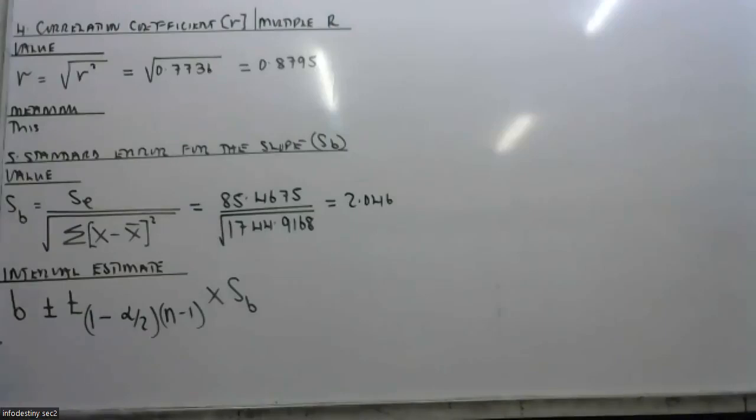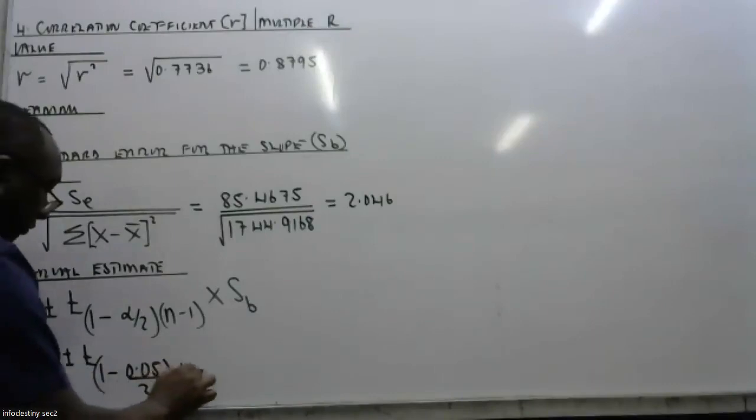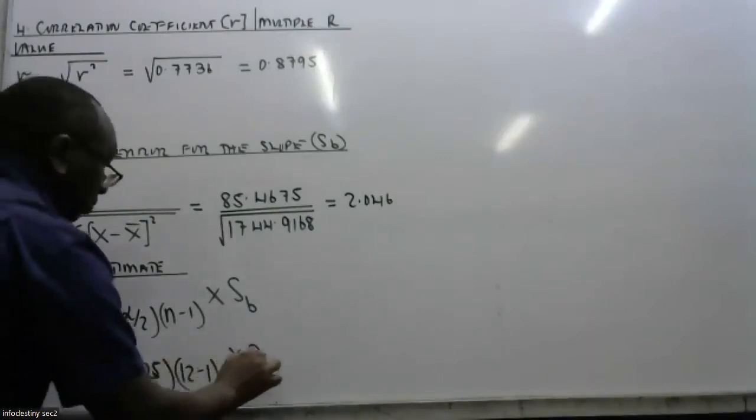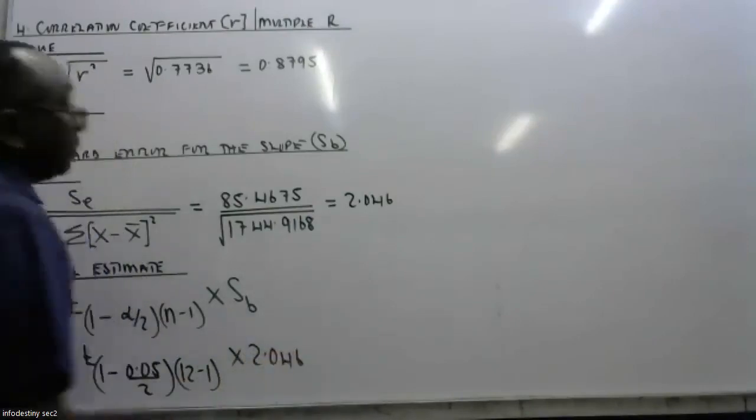Our b was 11.96, the slope. So 11.96 plus or minus t, 1 minus 0.05, that is if we are testing at 95%, then 12 minus 1, multiplied by 2.046.